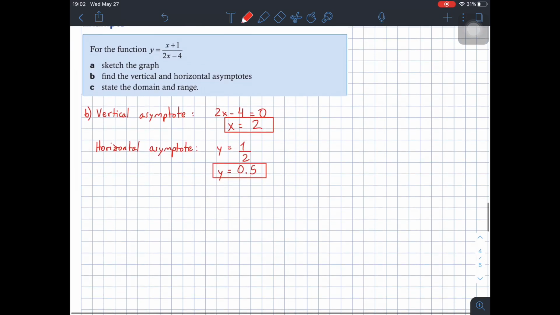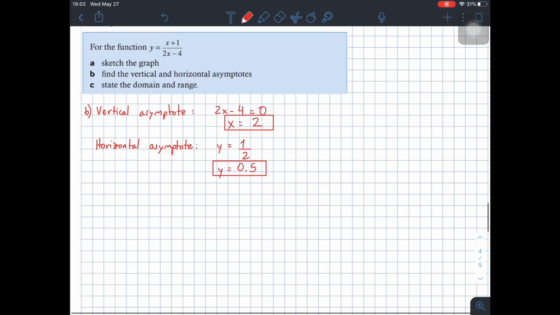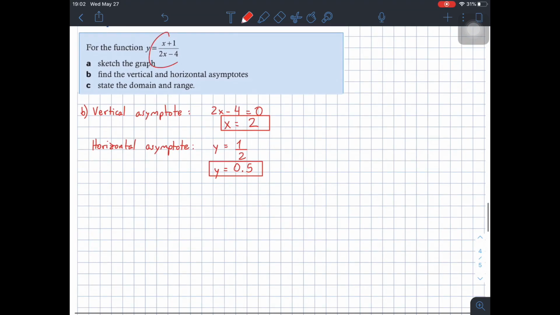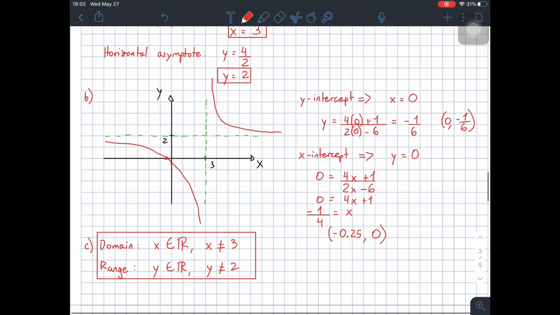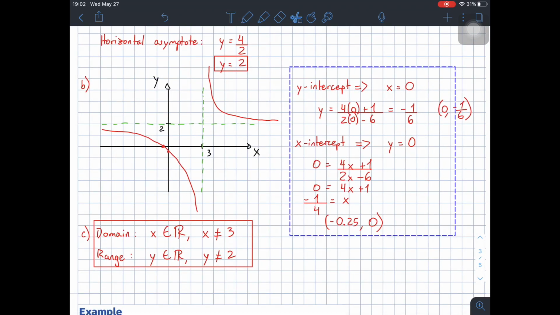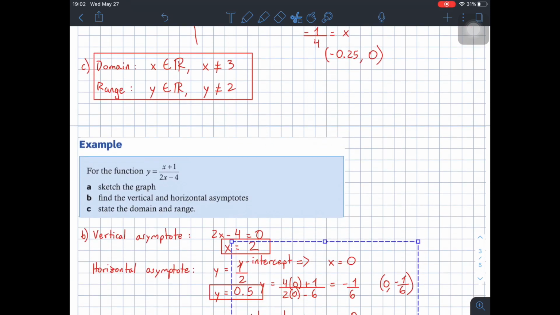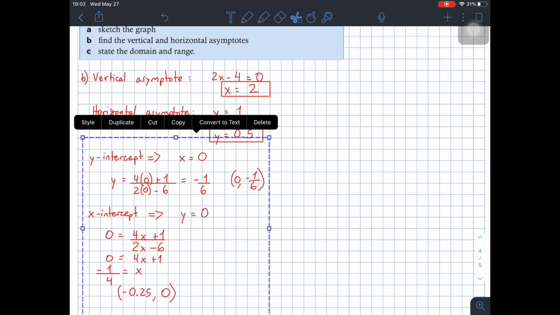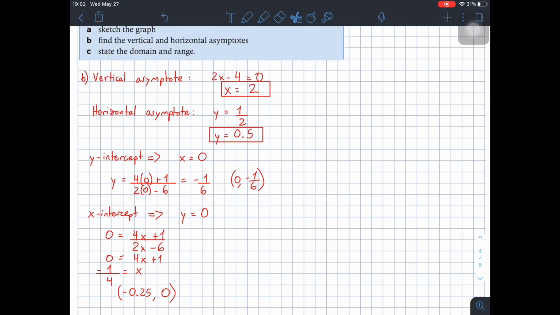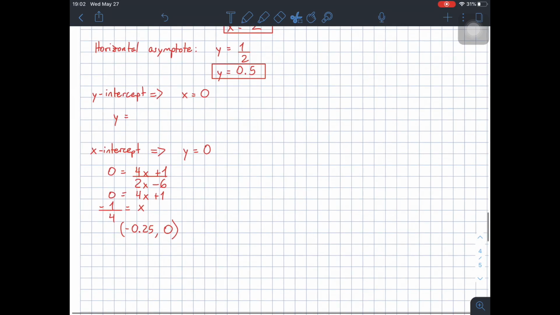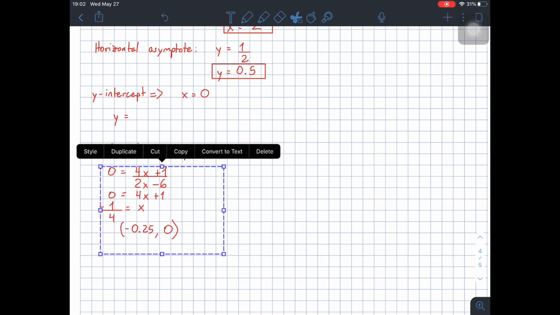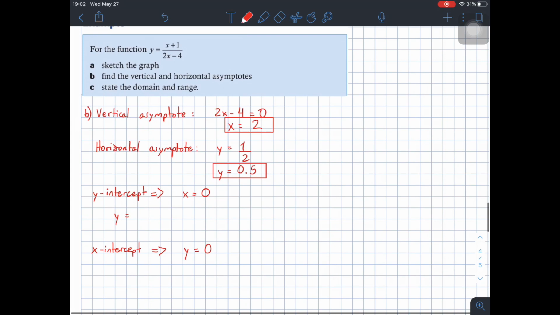Okay, now we can plot this graph, but before plotting, actually we need to find the x and y intercepts. So I'm going to copy this to find the x and y intercepts. So y would be equal to, when we find the y-intercept, we set x to 0, so this would be equal to (0 plus 1) divided by (2 times 0 plus 4), and this is equal to 1/4.